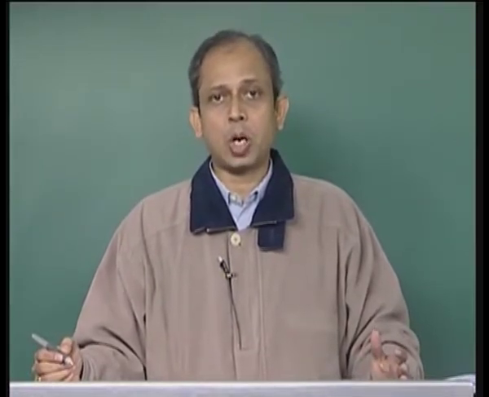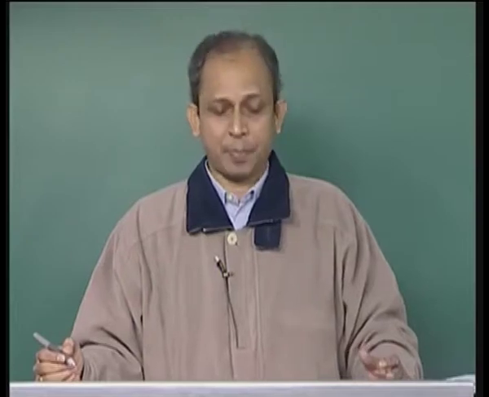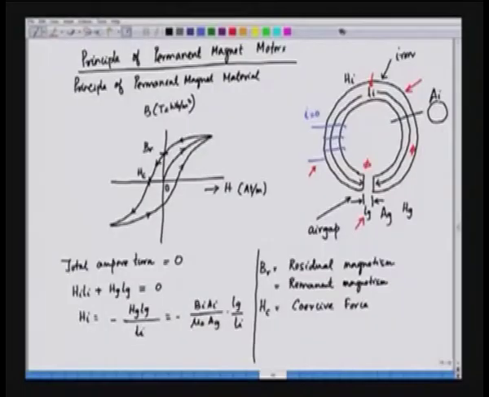MMF is the product of H and L. So, we can say that the total ampere turns is equal to 0, and the ampere turns consist of the ampere turns in the iron, that is Hi Li, and the ampere turns in the air, that is Hg into Lg.